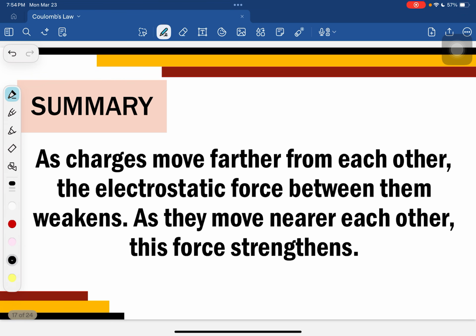As a summary, as charges move farther from each other, the electrostatic force between them weakens. As they move nearer each other, the force strengthens. I think this is best discussed by illustrating some examples or word problems, just to strengthen it.